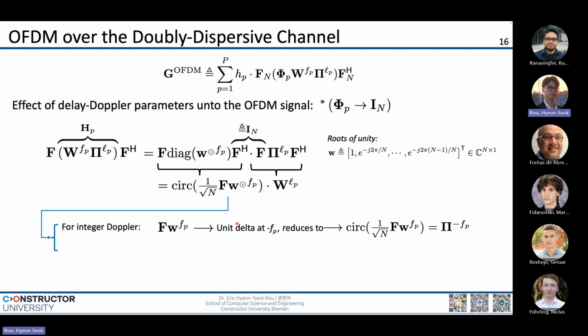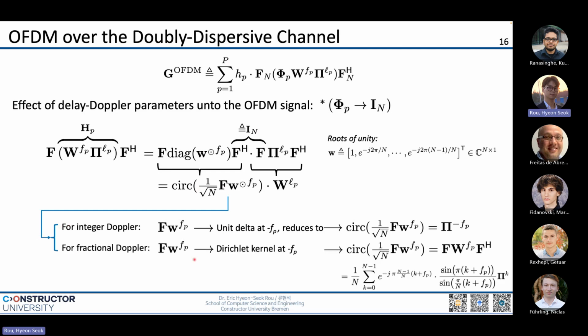And everything else is a circulant matrix, so circular columns. That means this reduces the circulant matrix to a circular shift, whose shift is given by minus f_p. So this is what we get from this first part when we assume integer Doppler.